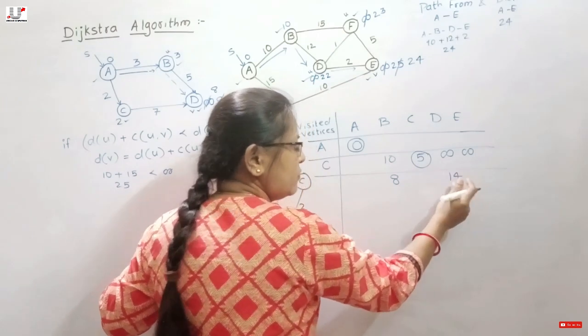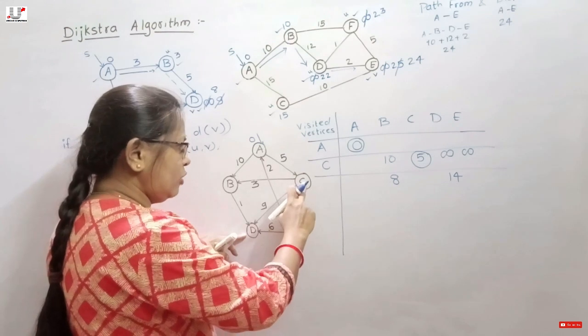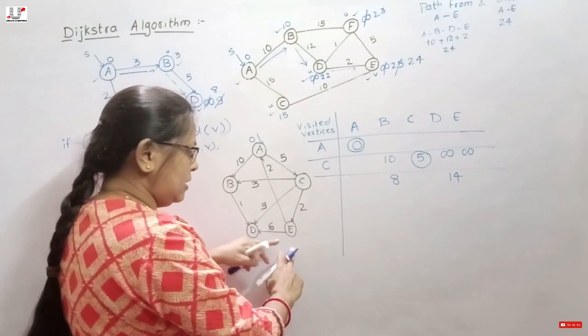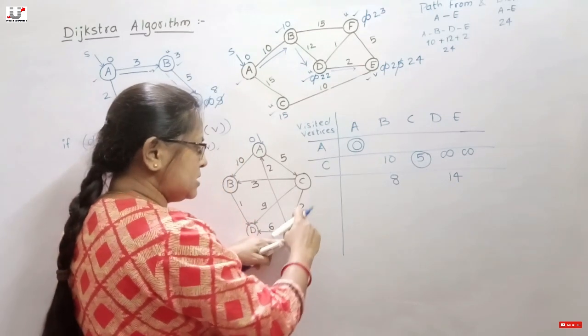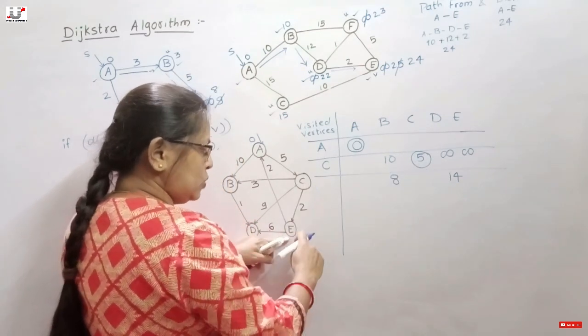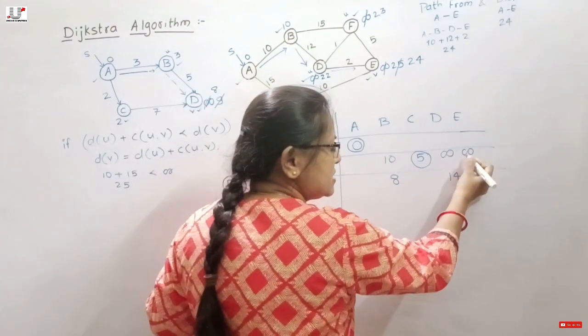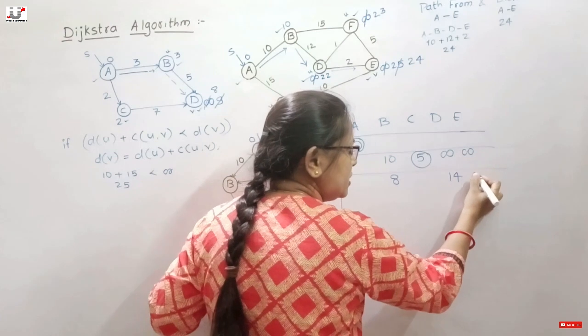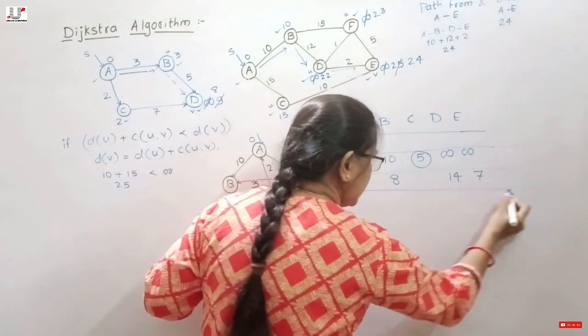So replace that infinity with 14. Next, from C to E, the distance of C is 5 and plus cost of C to E is 2. So 5 plus 2 it gives 7 and 7 is smaller than infinity. So replace infinity with 7.